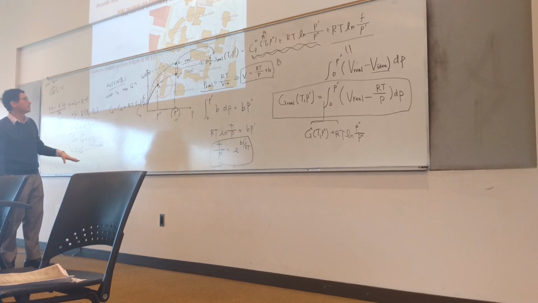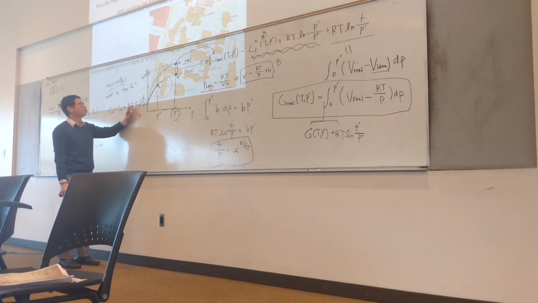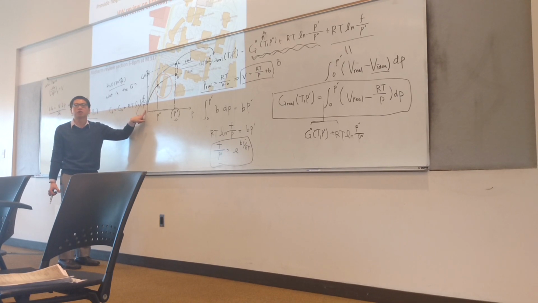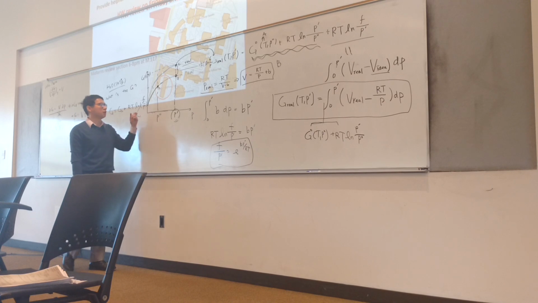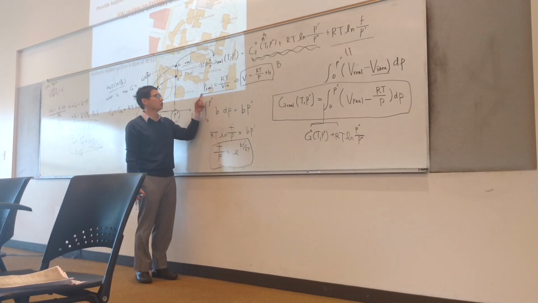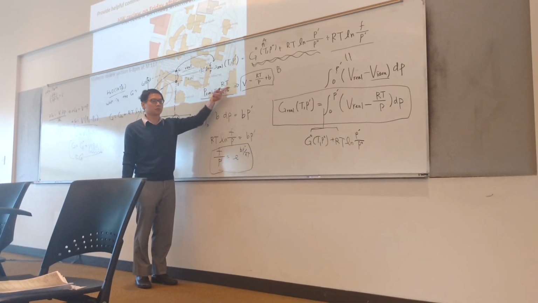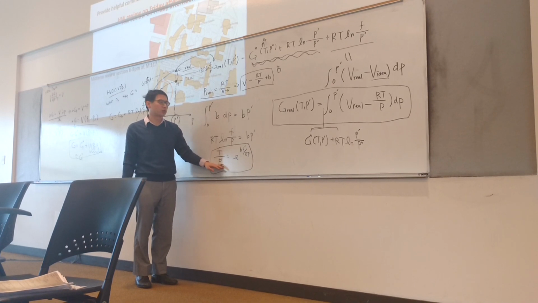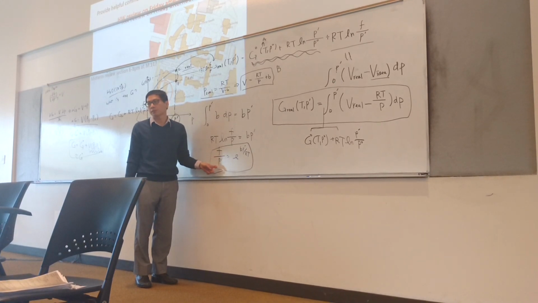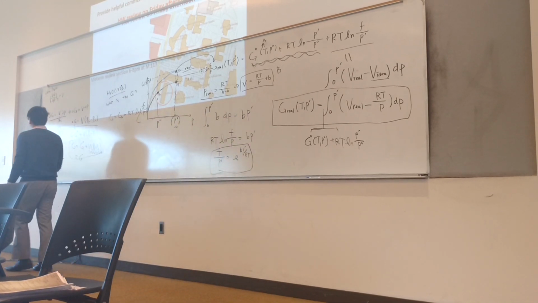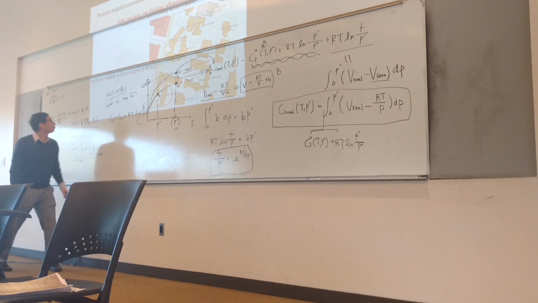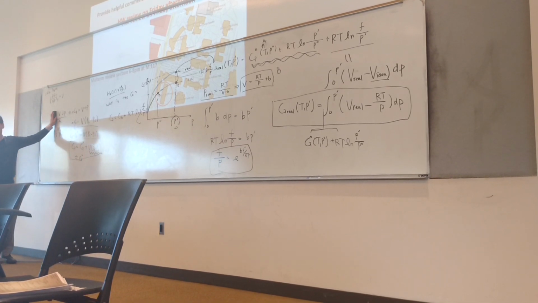If it's ideal gas, it's fine: G naught plus RT natural log of P over P naught, and done, you get the G. If it's non-ideal gas, it's G naught plus RT natural log of f over P naught. Then you need to know how the f is related to your P, so you need the equation of state to figure out the relationship between f and the P prime. Alright, so that's pretty much for the pressure dependence of free energy.